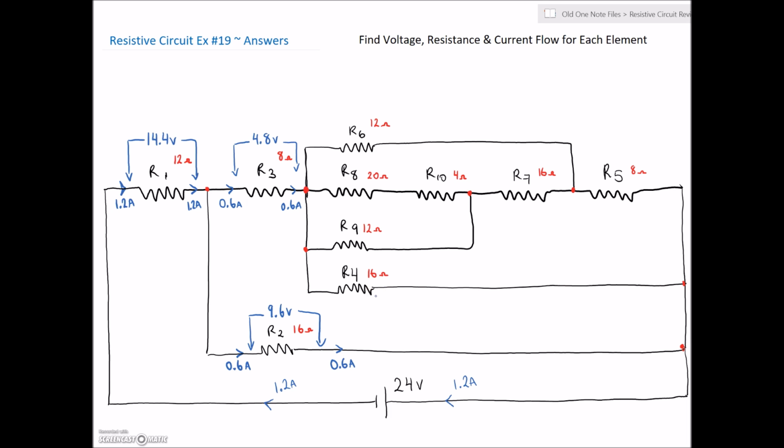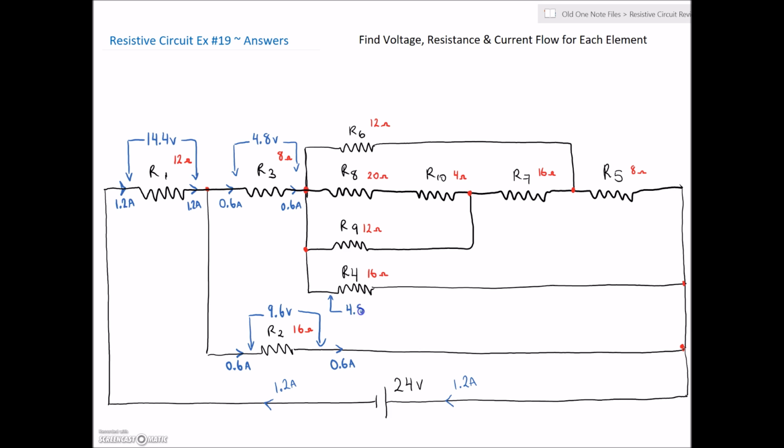So the voltage across R3 and R4 should be 9.6. Well, there's 4.8 volts lost across R3, and if we take that 9.6, take away the 4.8 volts, that leaves us with 4.8 volts across R4.